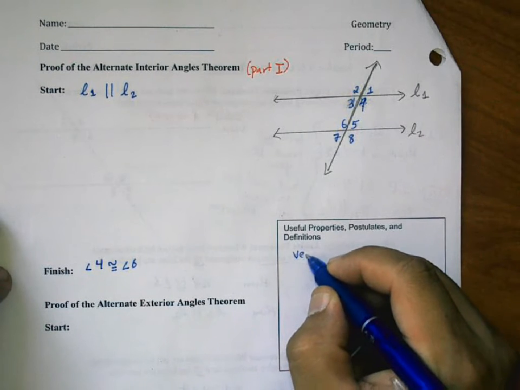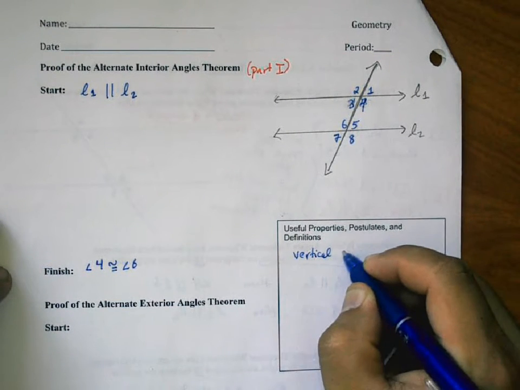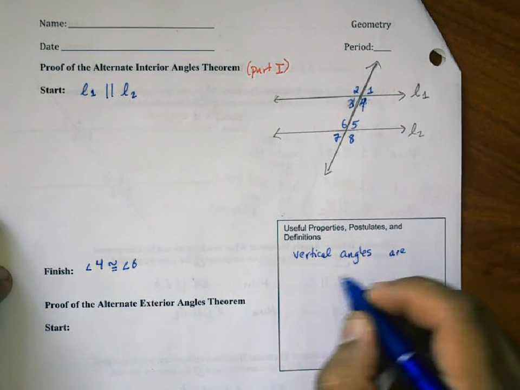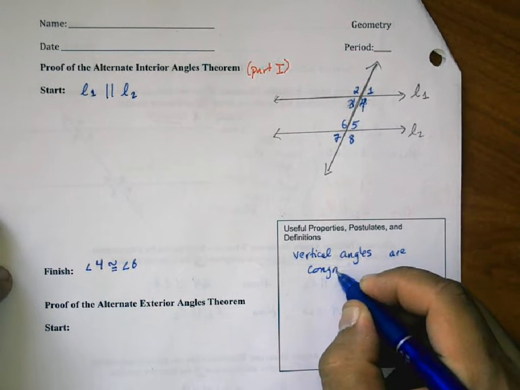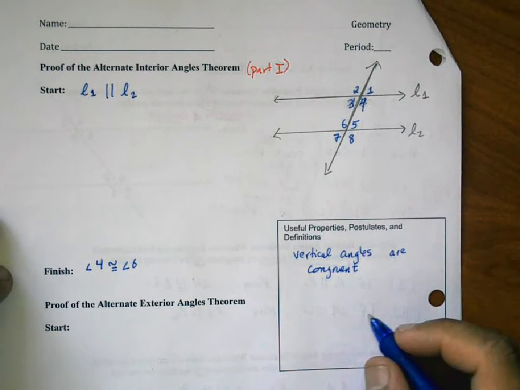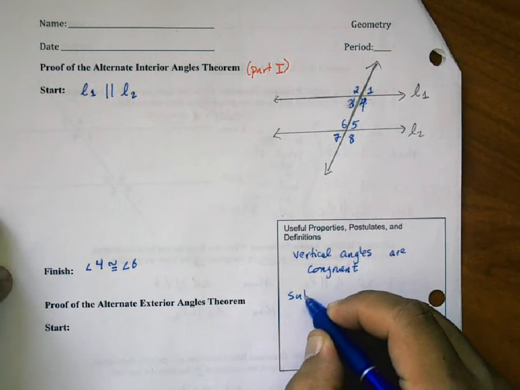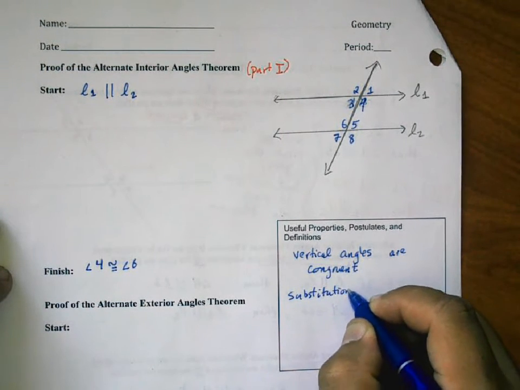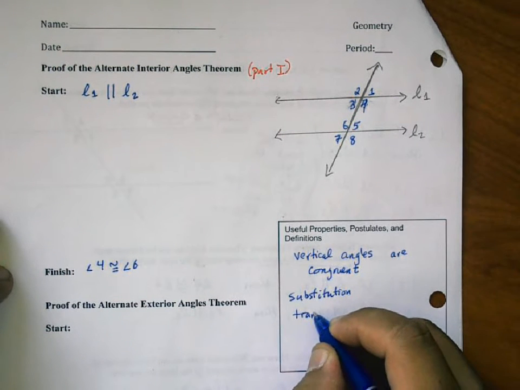So right off the bat, I'm going to write vertical angles because this is just something that comes up very frequently. And maybe we can use the substitution property. We could also use the transitive property.